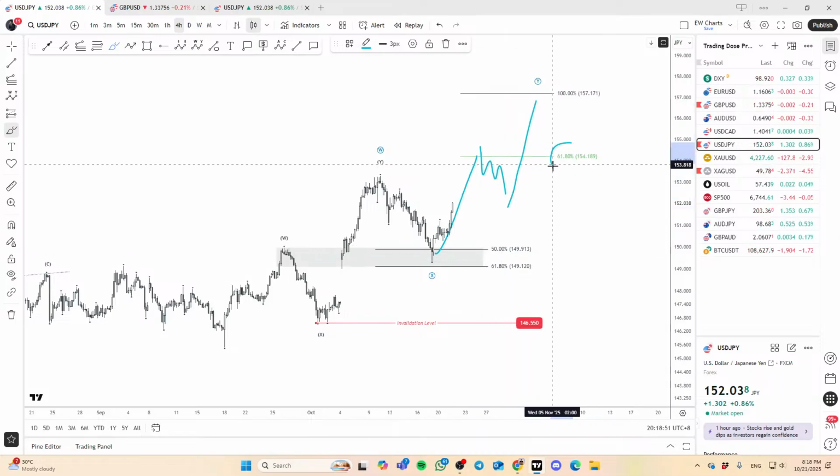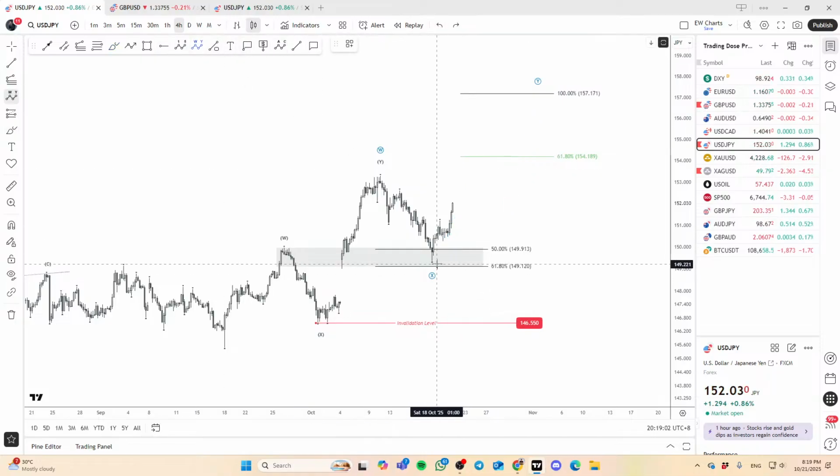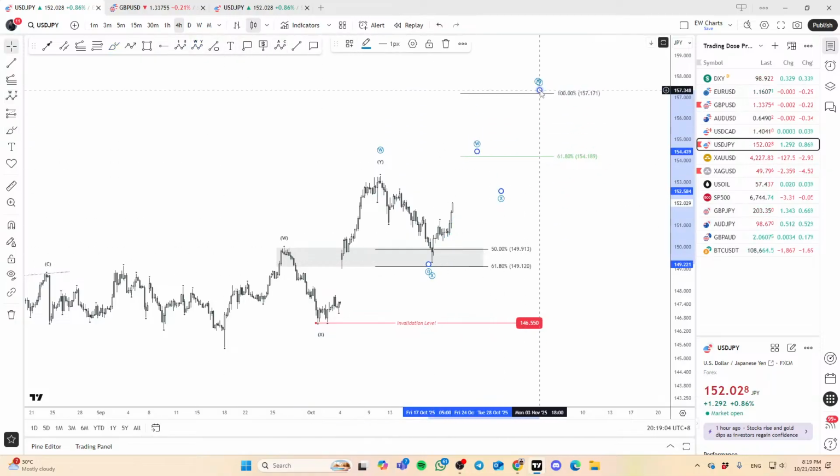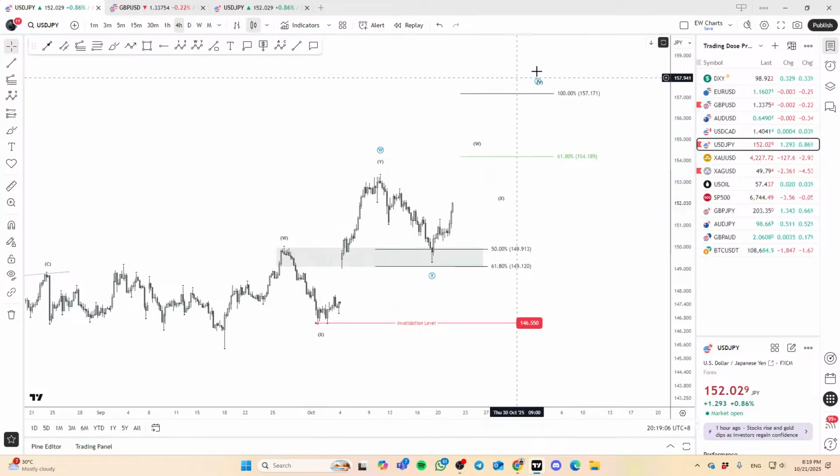So this is where the Fib extension 0.618 comes in to provide us some sort of guidance where we can then expect an internal three-wave development that looks something like this. So that's what I've drawn out just now, right?